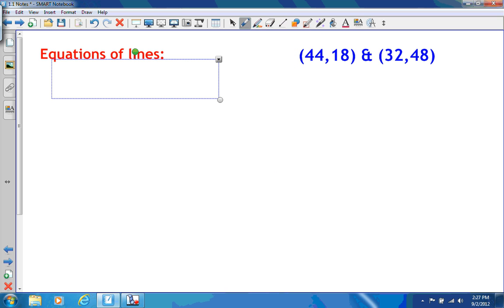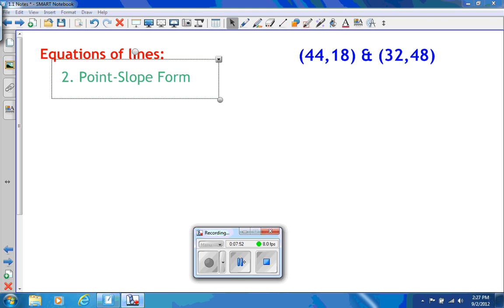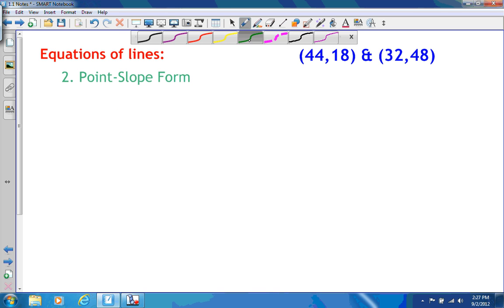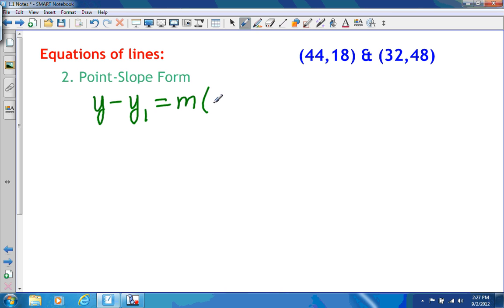Second type of an equation that you could use would be the point-slope form. In point-slope form, our equation is a little bit different. It has y minus y1 equals m times x minus x1. The x1 and the y1 are a coordinate that you know.